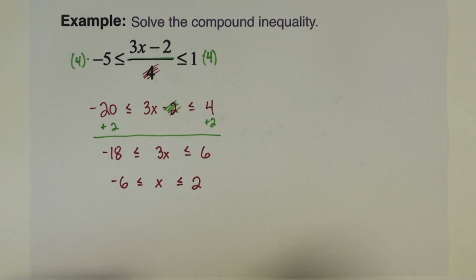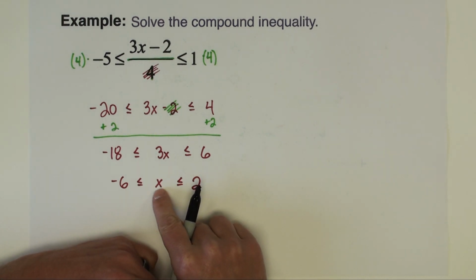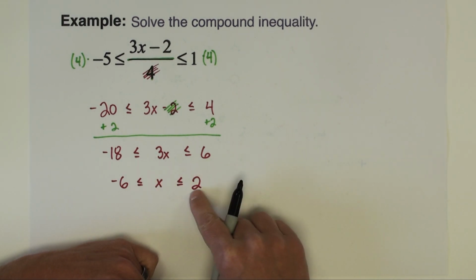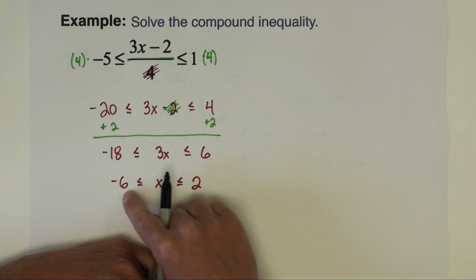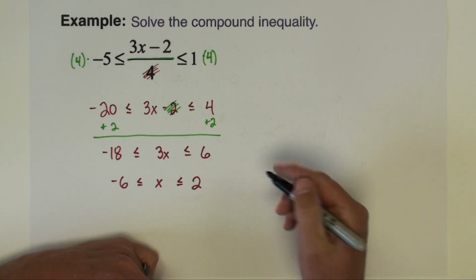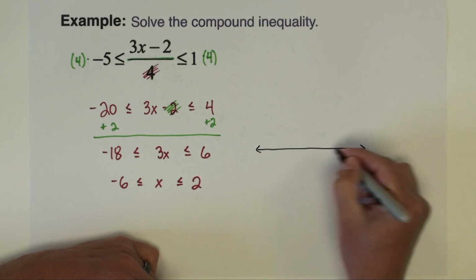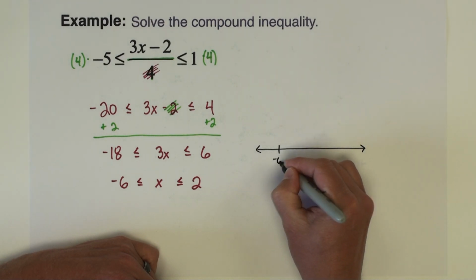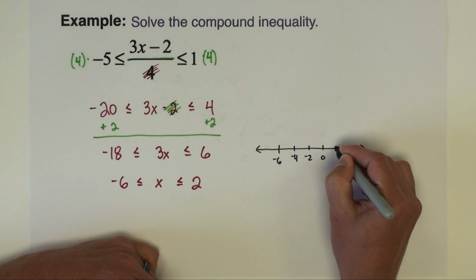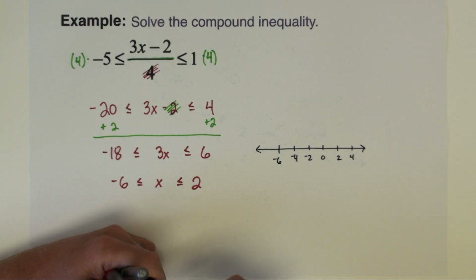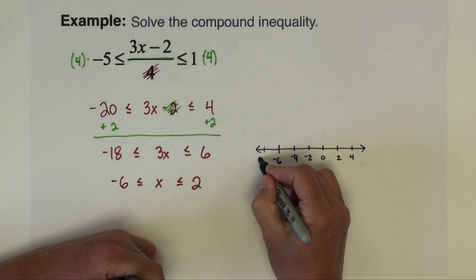Okay, so we want all solutions, all numbers that are between negative 6 and 2, including negative 6 and 2, because the equal to includes those. So on my number line, maybe negative 6 is out here. I'm going to count by 2's. So that looks good. Maybe let's throw negative 8 out here.